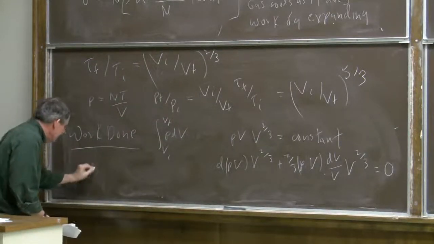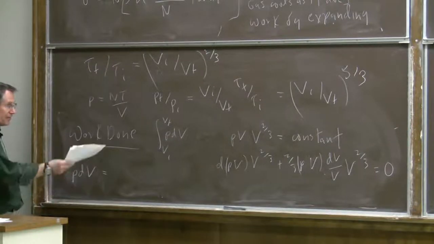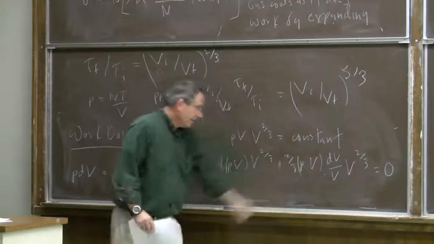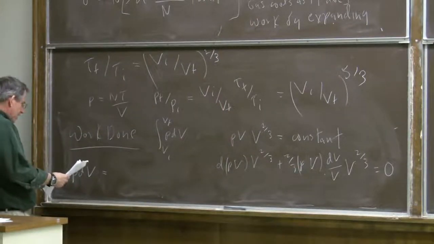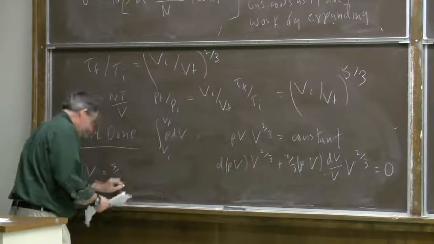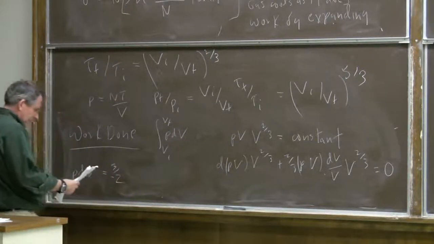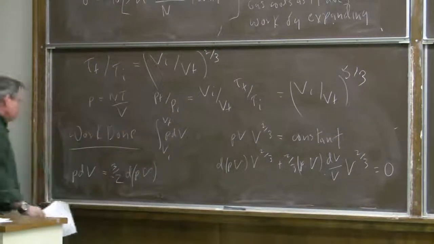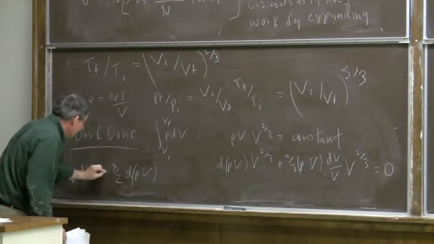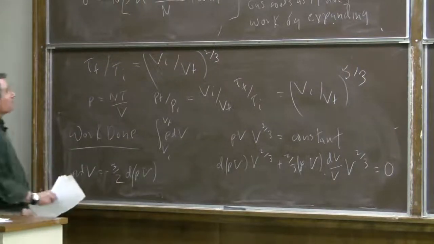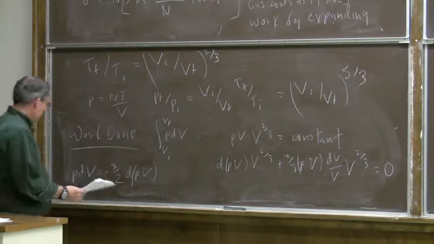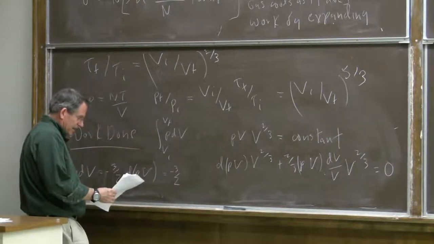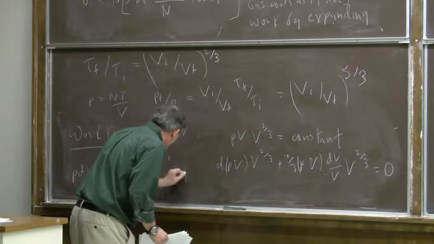What we found is that PdV, if I take that 3/2 and put this over on the other side and multiply by minus 3/2, I have minus 3/2 times d(PV). And the reason I wanted to do that is because I can now use the ideal gas law, since PV is equal to n tau. That's the same thing as minus 3/2, and since n is a constant, it's n d tau.